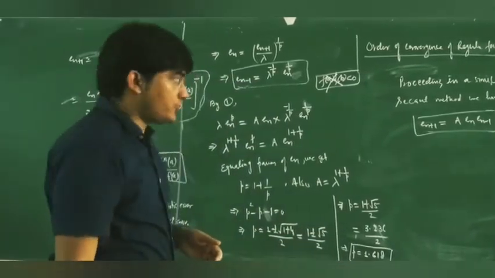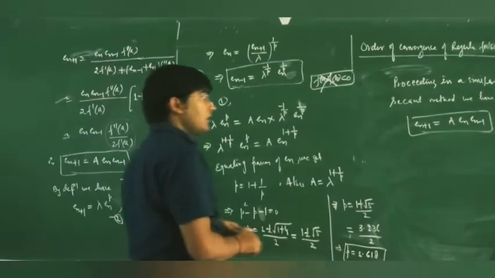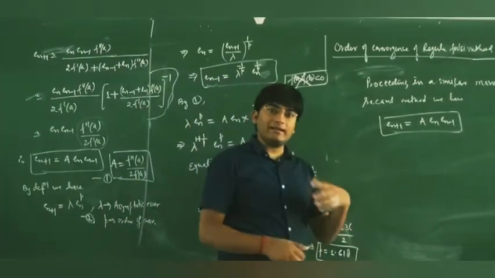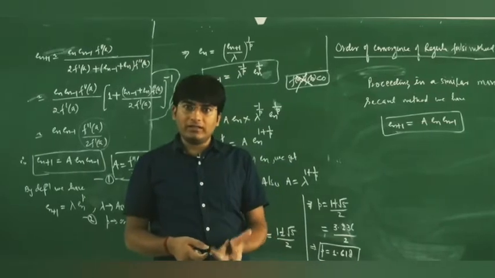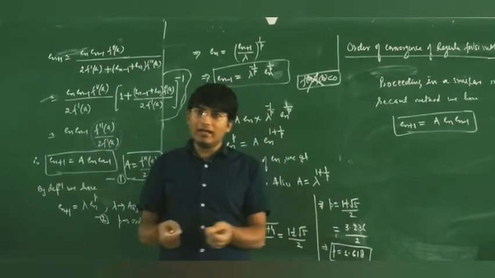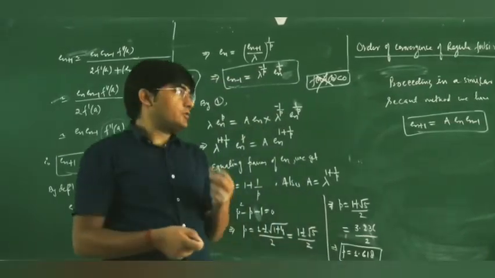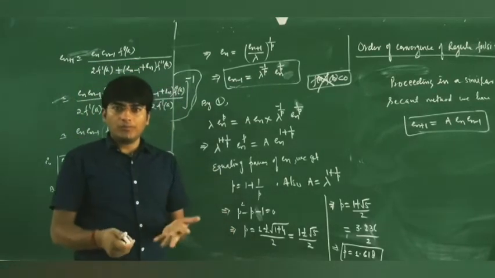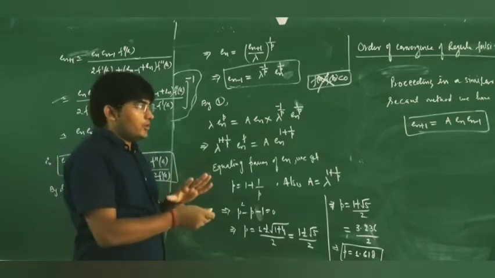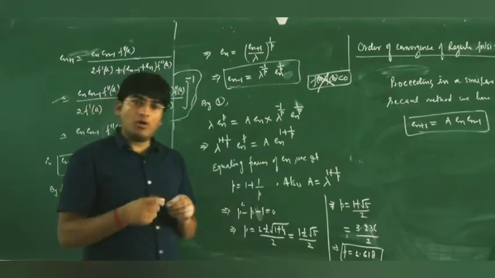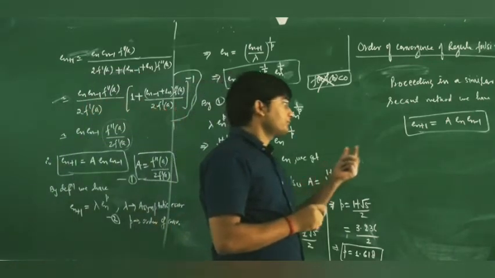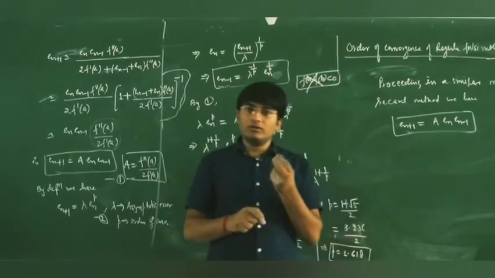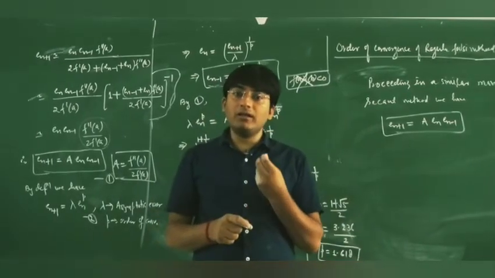Now in case of Regula Falsi method, our interval gets changed. For example, in the initial step, suppose that our root is between a and b. Then in the second step, if the first iteration is x1, then your root can be between a and x1 or b and x1. So in Regula Falsi method, one end of the interval will remain fixed.